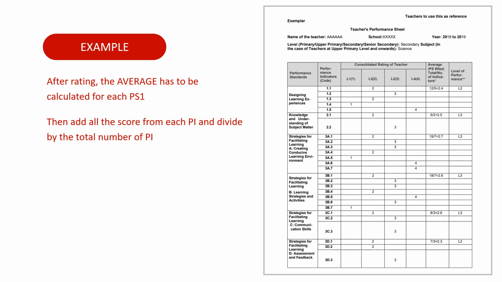What is this 5? 5 is the total number of indicators for performance standard 1. So when we divide 12 by 5, we get 2.4. So 2.4 is the average for performance standard 1. The same procedure will be applied for the remaining performance standards.